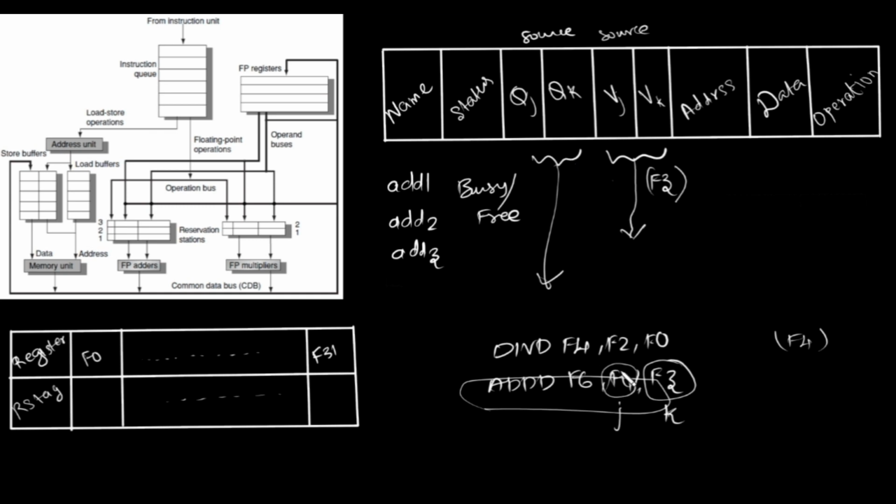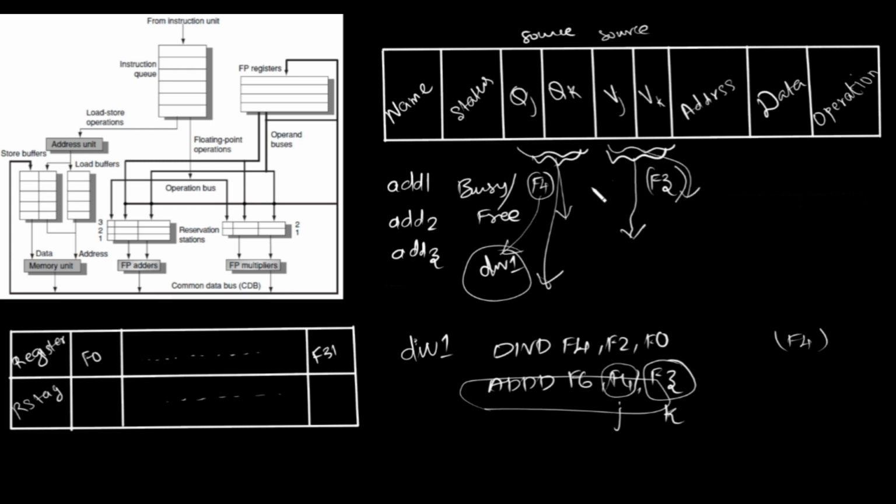For F4 it will make an entry: F4 is expected from which reservation station. Say this is scheduled in the div 1 reservation station. It will put div 1 in the QJ field, expecting the result from the reservation station named div 1. So QJ and QK hold the value if it is not readily available, whereas VJ and VK hold the value if it is readily available.